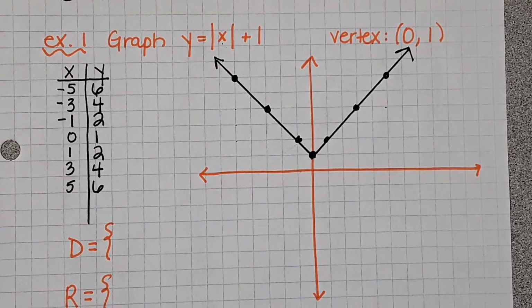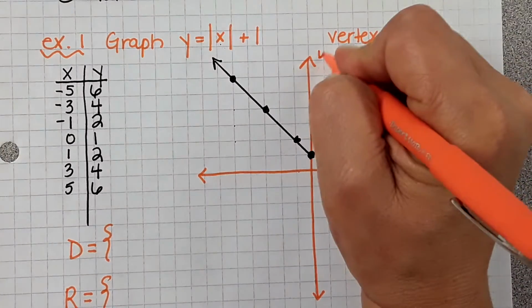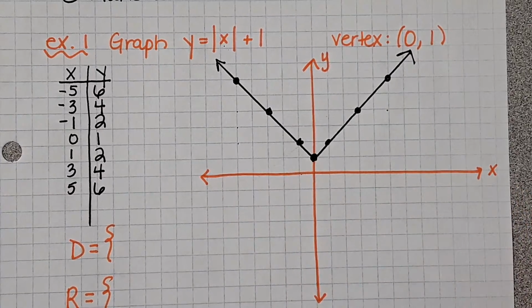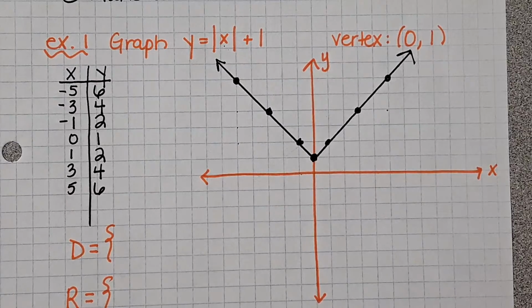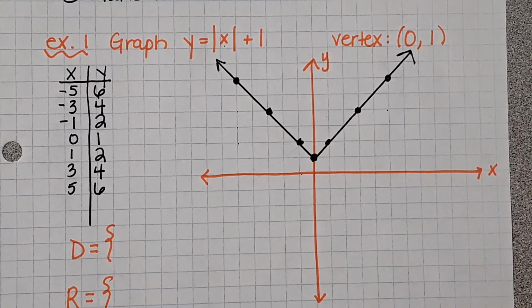So here's my question. Thinking about the x-axis, this is the x-axis, this is the y-axis. Let's think about the x-axis. Basically, what can my x be? Do I have a limitation on what x can be, or can I plug in any number into the equation? Any number. Any number?